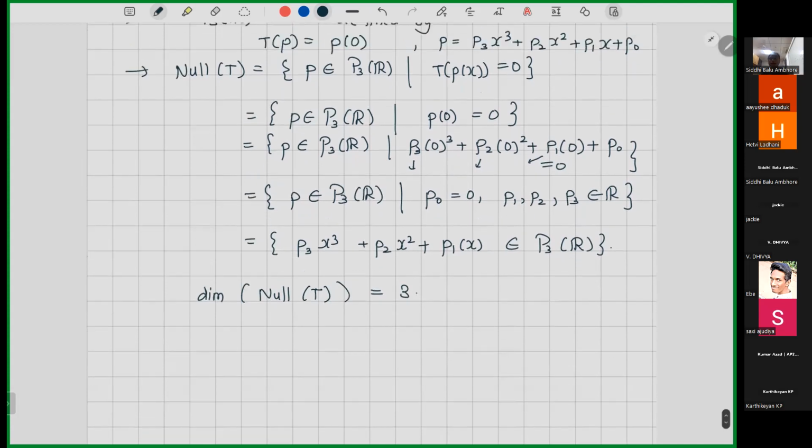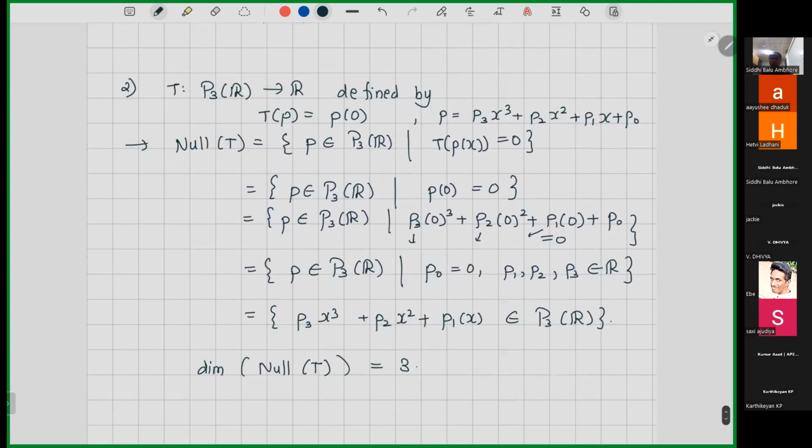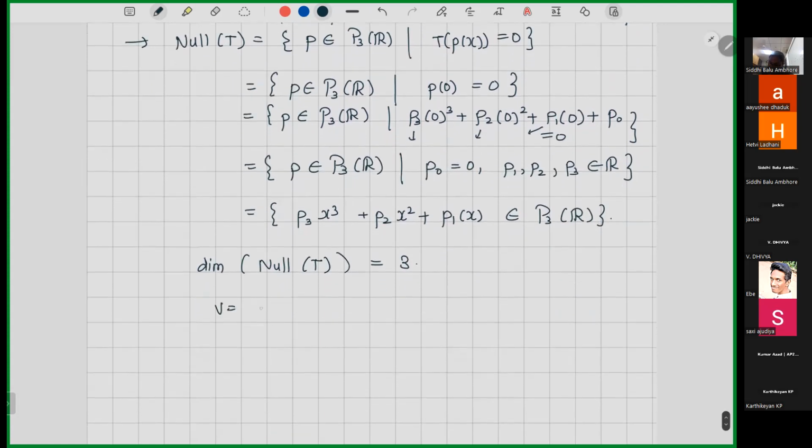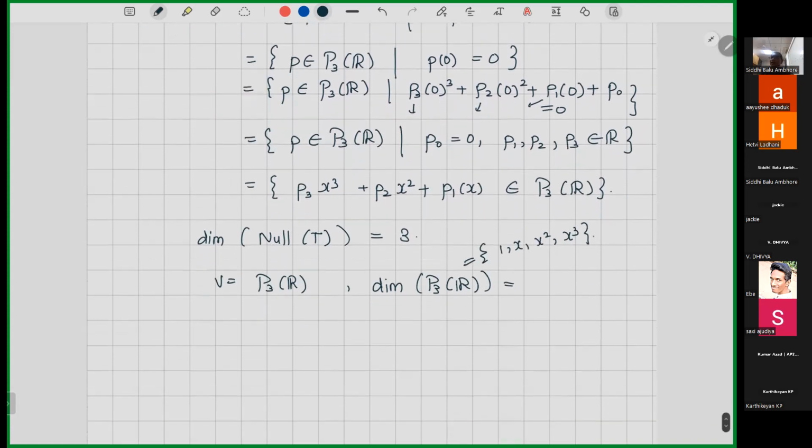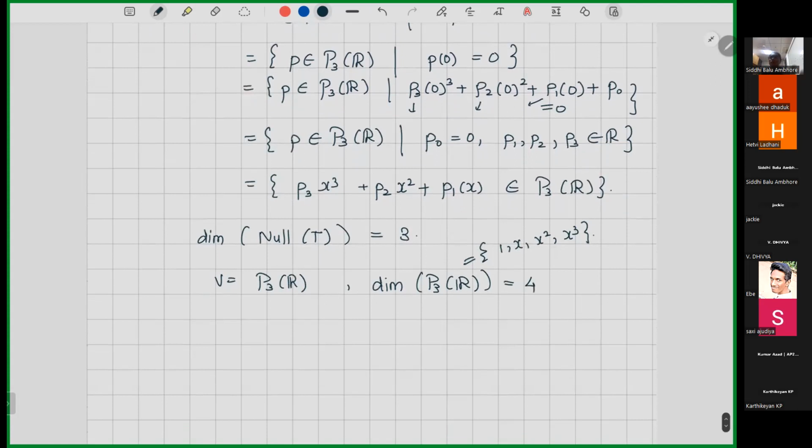And from the rank nullity theorem, here V is my P3(R). And the dimension of P3(R) I know: the basis for P3(R) is 1, x, x square and x cube. This is the standard basis of P3(R). So the dimension of P3(R) is 4.